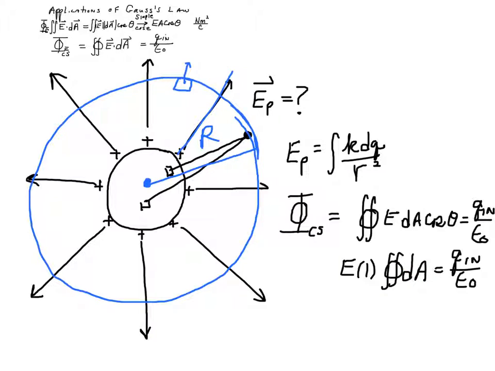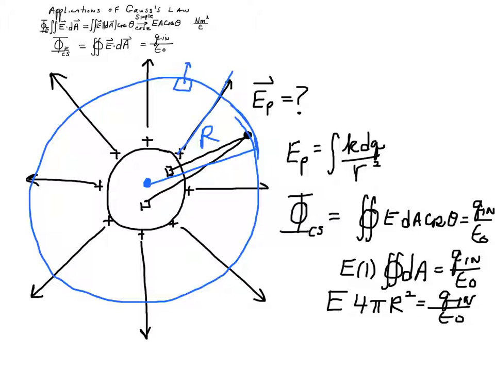So let's rewrite that. We have the E, the 1 went away because it's 1, and the integral of all the dAs over the entire sphere is just the surface area of the sphere. That's 4 pi r squared, and that's equal to Q inside over epsilon naught.